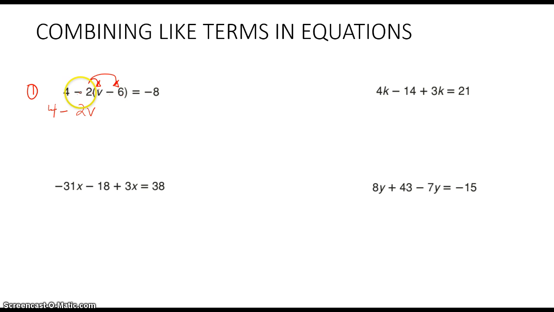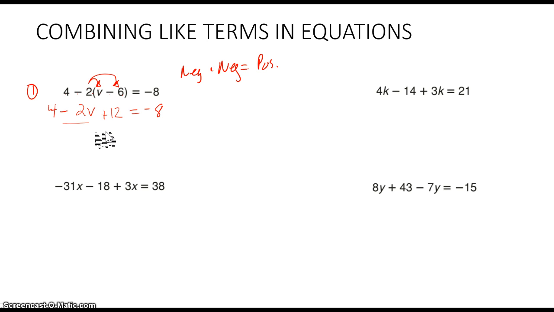See how this is a negative. See how -2 times v got us -2v here. So now -2 times -6 actually shows on your calculator as a positive 12, because a negative times a negative is a positive. And then we just bring down our -8.